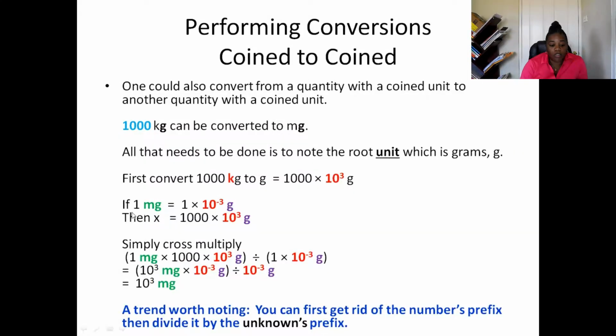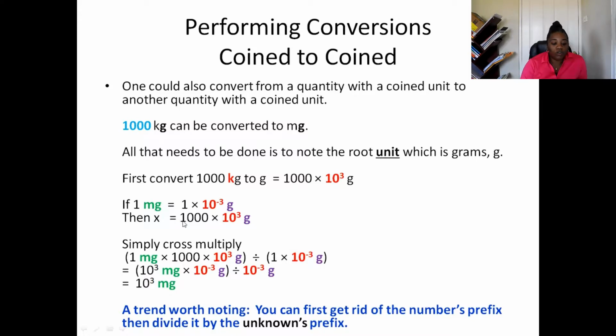If 1 milligram is equal to 10 to the negative 3 grams, then X will be equal to 1000 times 10 to the 3 grams. This is the relationship. So you have to put the same unit on the same side: grams on this side and milligrams on this side. You could also do it the other way, but we keep it simple.